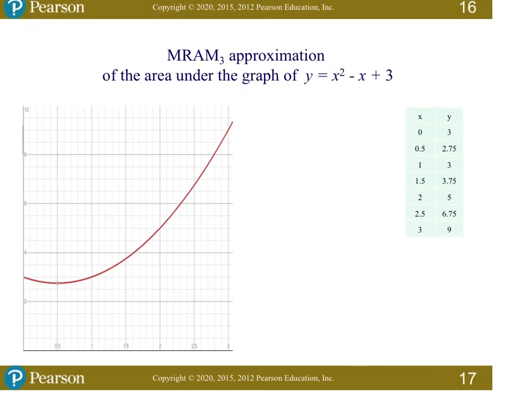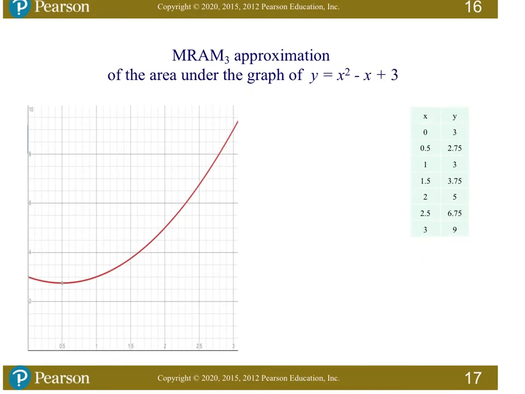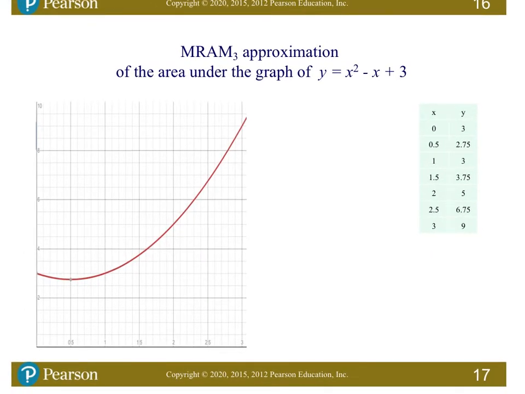So let's take this problem that we were working on the last couple days and let's see how this approach for an MRAM 3 would work. Okay, so for an MRAM 3, that means I'm doing 3 intervals using these dots. And so the lines of my rectangles are going to come down and I've got 3 to form. The thing is that I'm not going to use either the left or the right dots to form my rectangle.